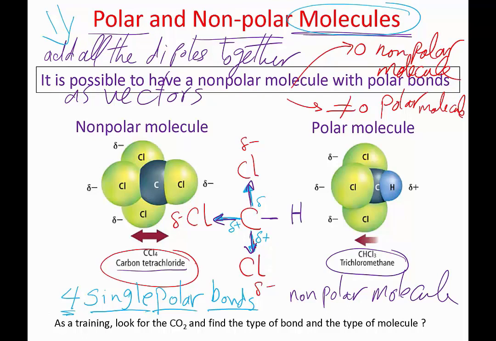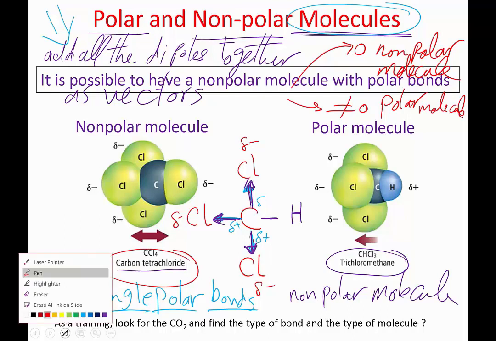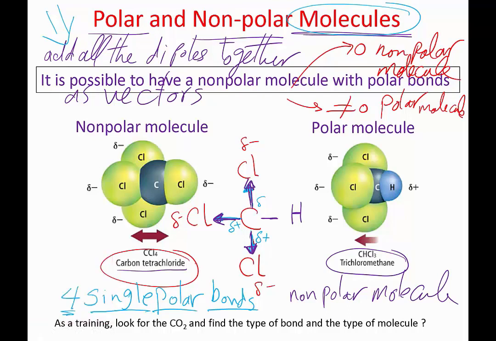The dipoles of the chlorine stay the same. But what about the dipole with the hydrogen? Carbon is stronger than hydrogen. So what will happen? Carbon becomes slightly negative, hydrogen becomes slightly positive, so the dipole goes to the right, from the positive to the negative.